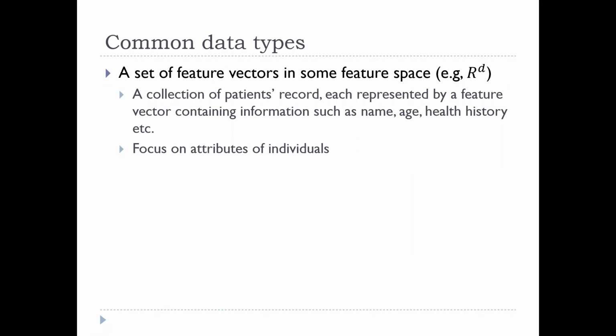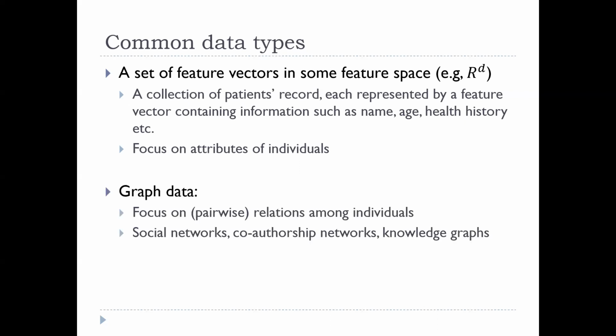So you can think that each patient is represented by some high-dimensional vector, a vector in d-dimensional space. This kind of representation gives us a rich description of the data we're interested in and focuses on the individual attributes. Graphs, on the other hand, focus on the relations among individuals.